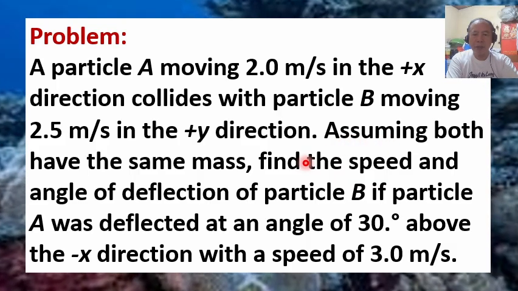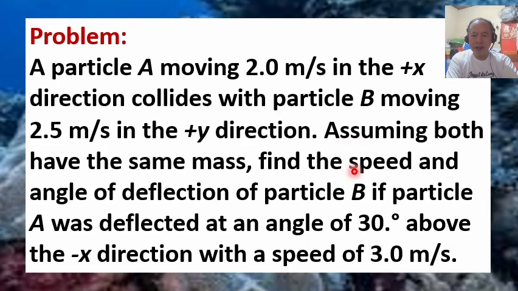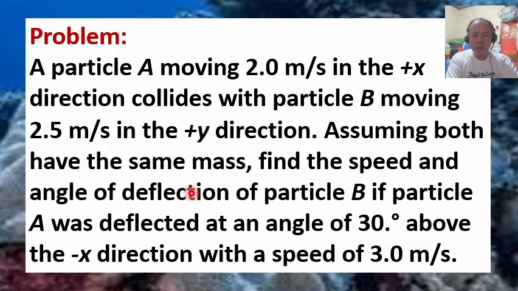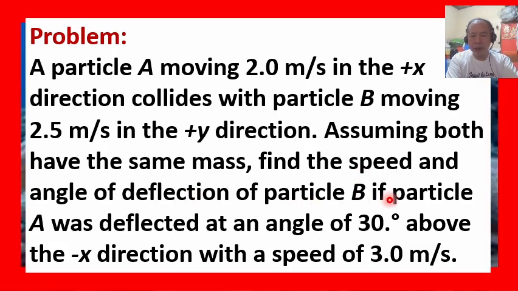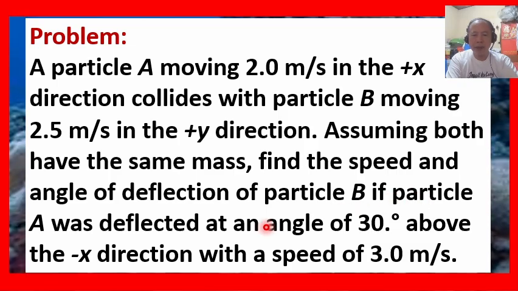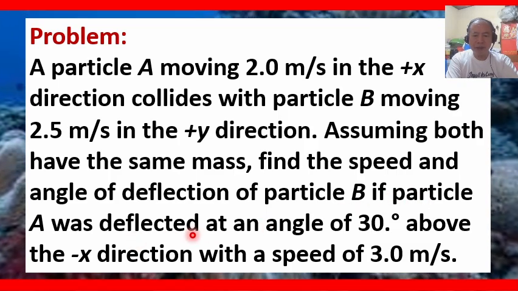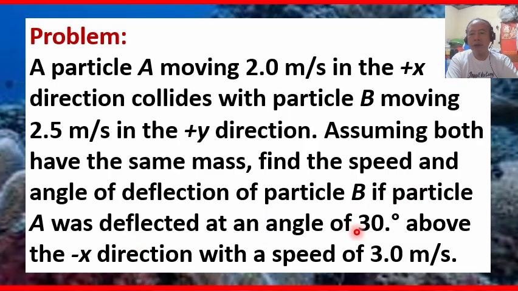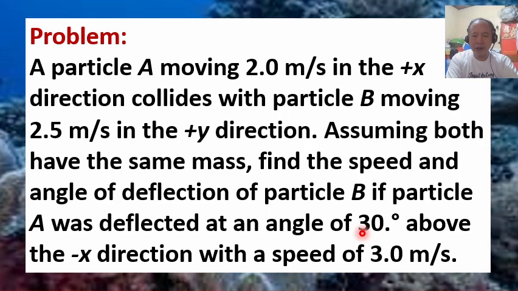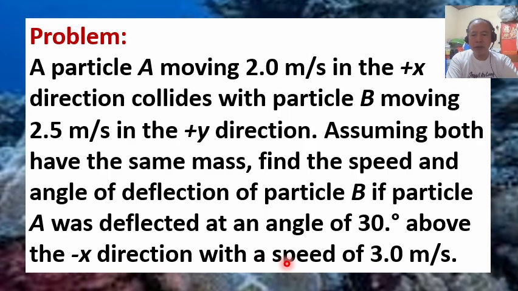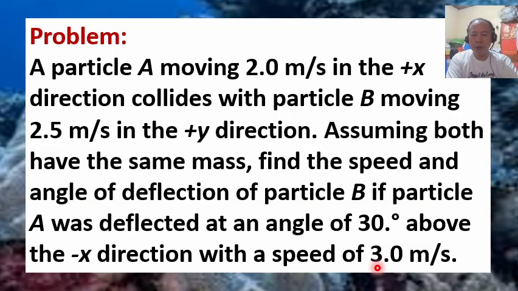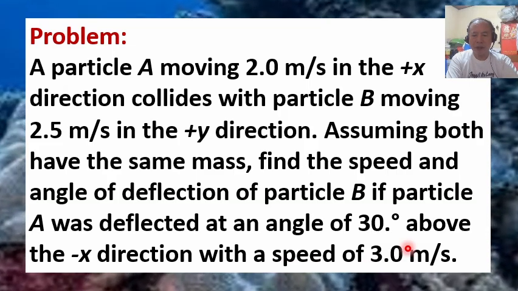Assuming both have the same mass, find the speed and the angle of deflection of particle B, if particle A was deflected at an angle of 30 degrees above the negative x direction with a speed of 3.0 meters per second.